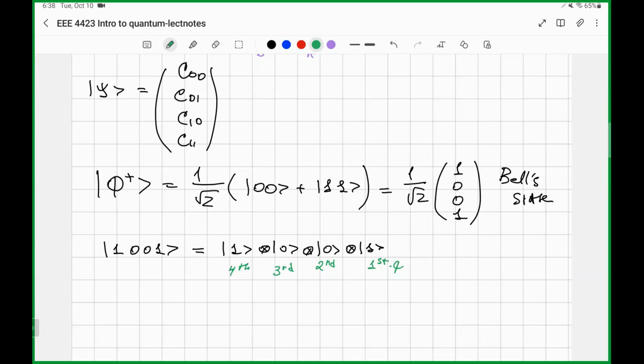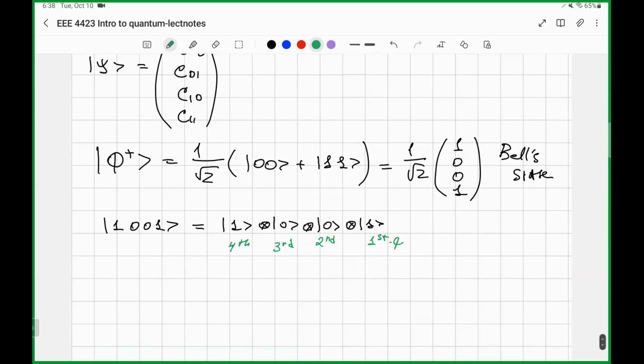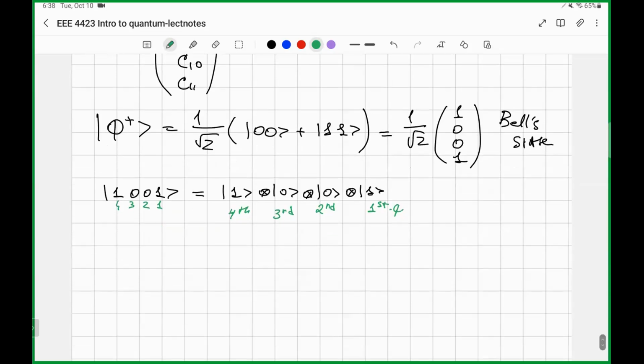This is the way we usually work with multiple qubit systems. This is something we will need for quantum computations.